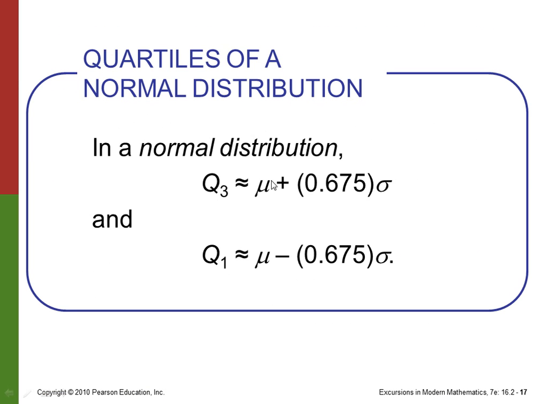So the third quartile is the mean, or the median, because it's the same thing, plus 0.675 times the standard deviation, and the first quartile is the mean or the median minus 0.675 times the standard deviation. So I've got 1, 2, 3, 4 things. So I'm going to have to know at least 3 of them in order to solve the problem.